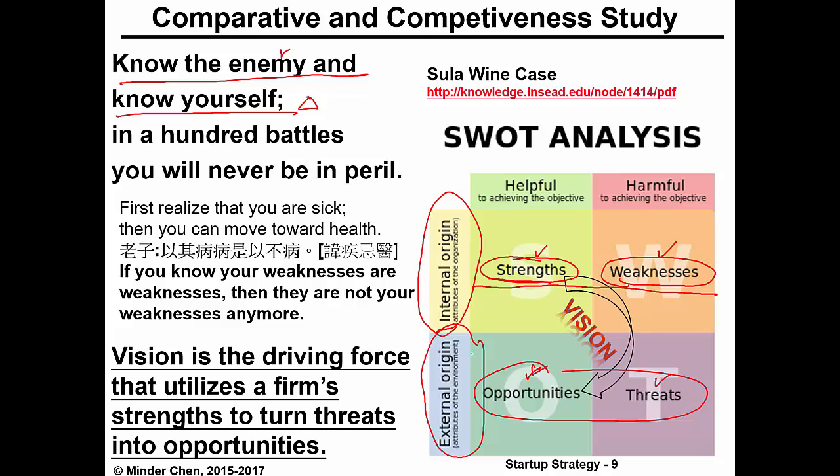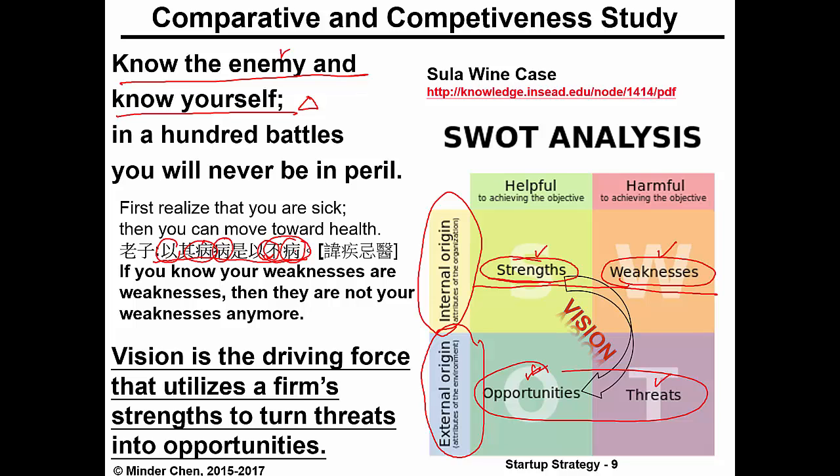Lao Tzu has a famous saying, let me first say it in Chinese: 以其病病，是以不病. Let me translate it. Because we know our sickness is sickness, our weakness is our weakness, therefore it's not your weakness anymore.